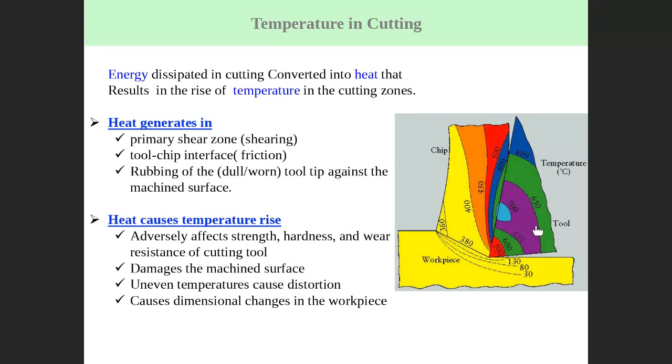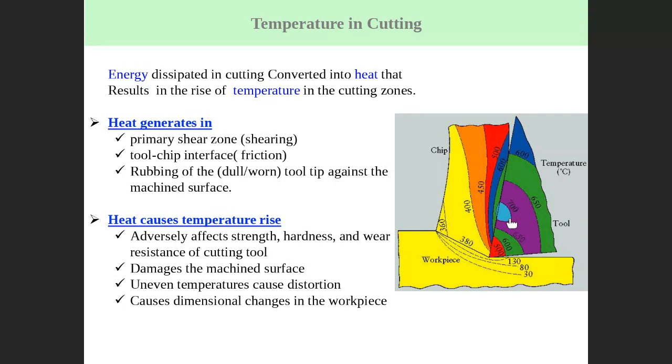What is the problem? First, many problems, like the tool becoming soft. The tool is hard, but when temperature increases, the tool becomes softer, not rigid enough to cut. If the tool is affected by the temperature, then it is not rigid enough to do the cutting process. Damage in the machining surface also: uneven temperature causes distortion in the workpiece and dimensional change in the workpiece and so on.